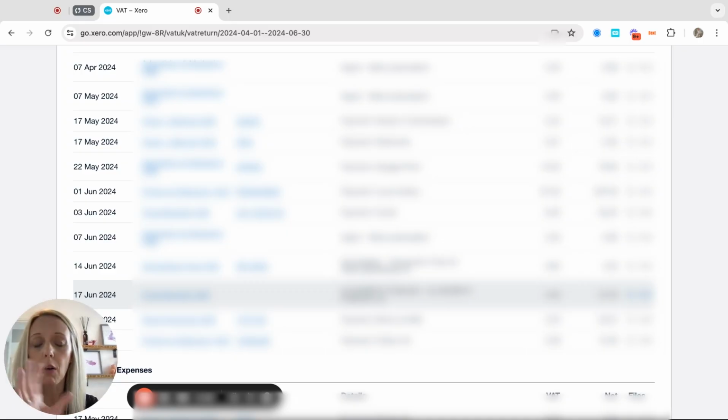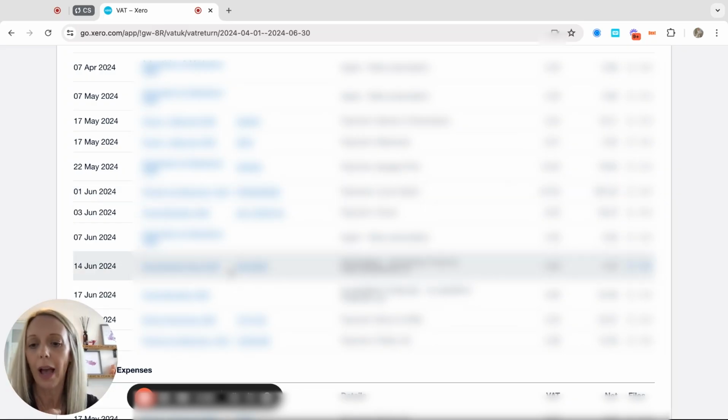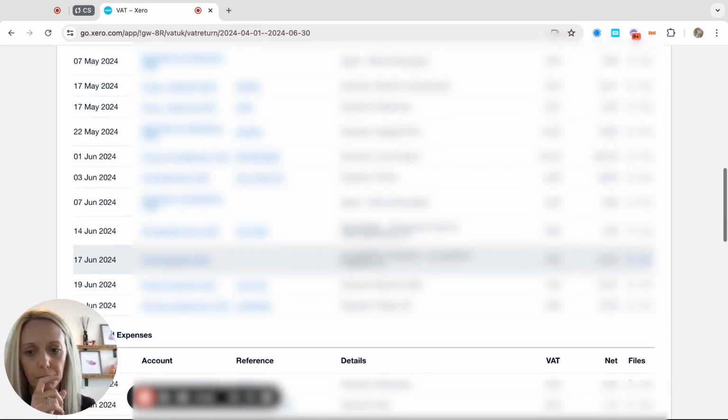Because if they are on here showing as VAT and they don't have VAT, you can't actually claim the VAT back for them. And being completely 100% proper in my eyes, each of these will also have a relating transaction where it's got the bill and a copy of the receipt attached. And wherever it's blue, you can click in and you can go through to the transaction in question.